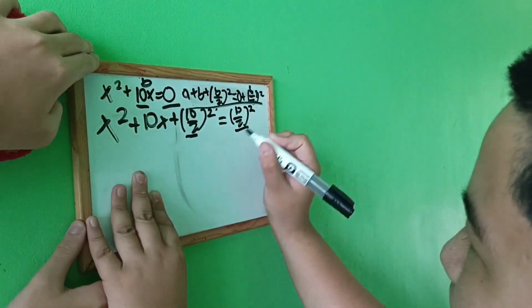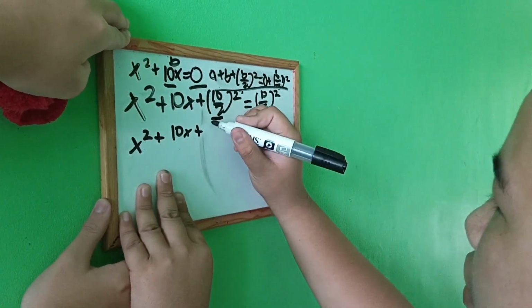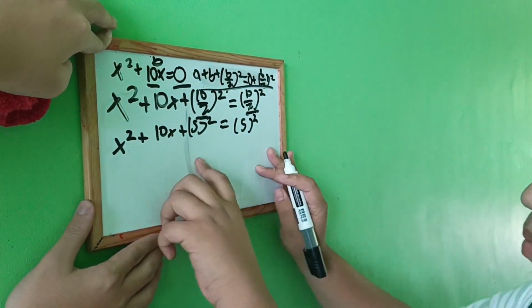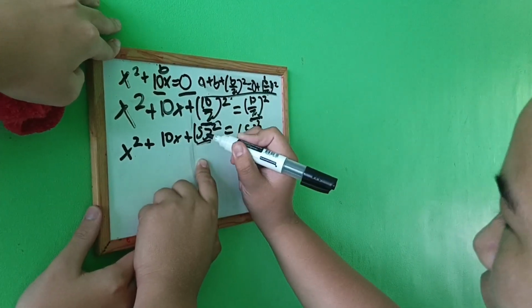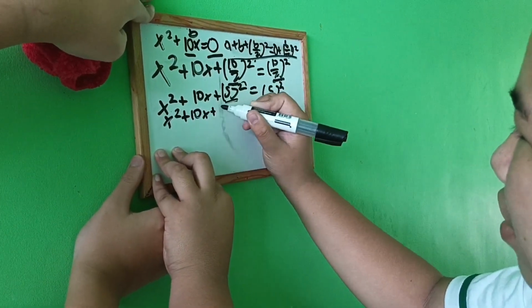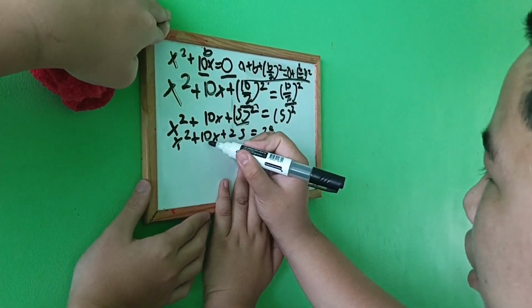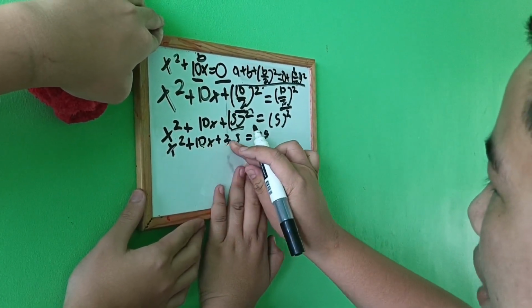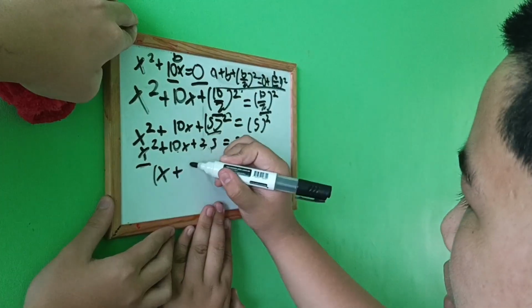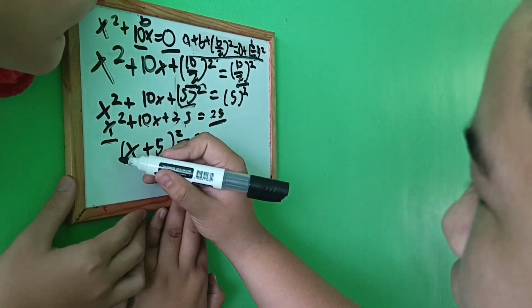Now, we divide these. Then we multiply it by itself. To get the biggest common factor of both, the biggest common factor is 5.